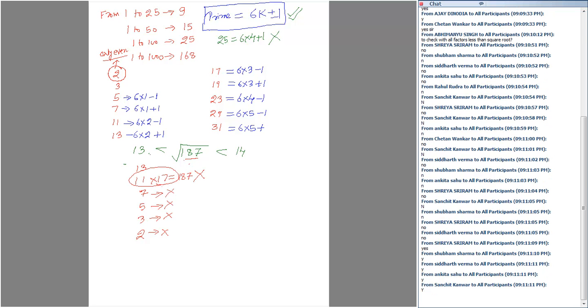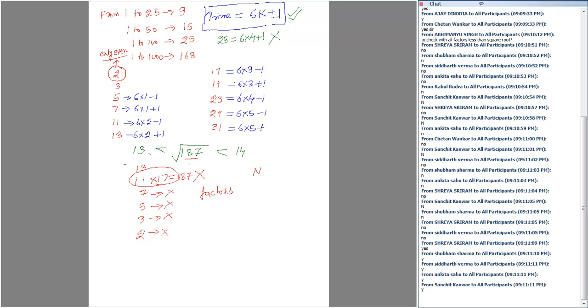So whenever you need to find out whether a number is prime or not, you always find out its square root and divide by all the prime numbers lesser than the square root. If it is divisible by any prime number lesser than the square root, then it is not a prime. So whenever you need to check whether n is a prime or not, check for the factors.